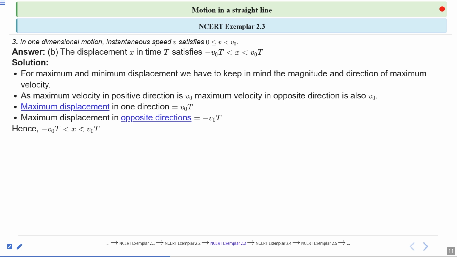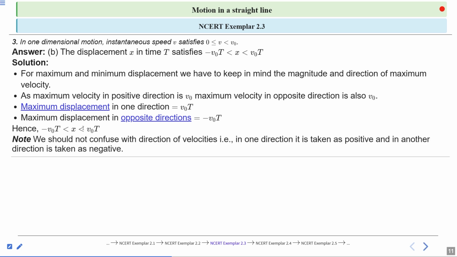So this is the condition. The important point here is this: we should not get confused with direction of velocities. In one direction it is taken as positive, and in another direction it is taken as negative.